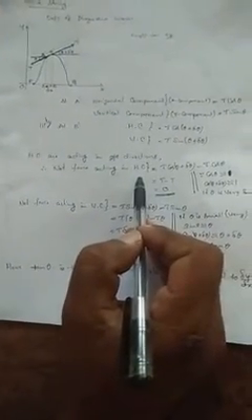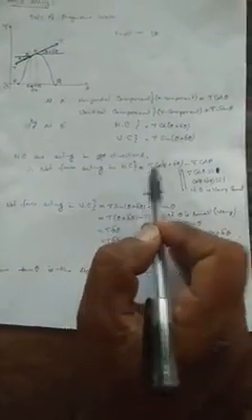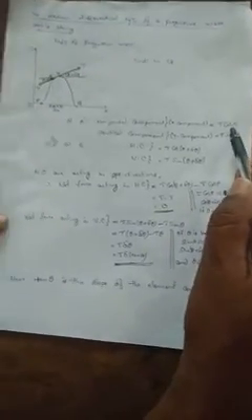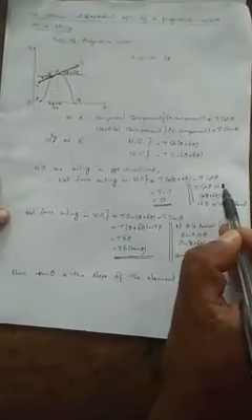Therefore, the net horizontal force is given by T cos(theta plus delta theta) minus T cos theta. As we know, if theta is very small, sin theta is almost equal to theta, tan theta is almost equal to theta, and cos theta is almost equal to 1.